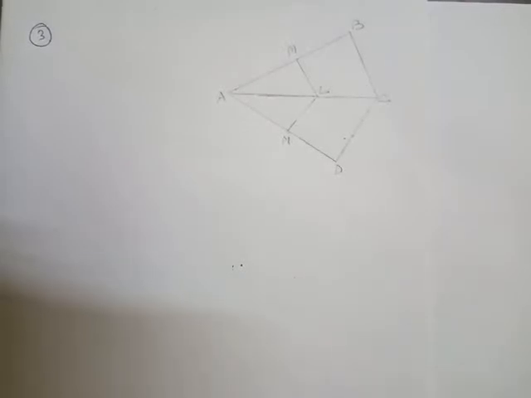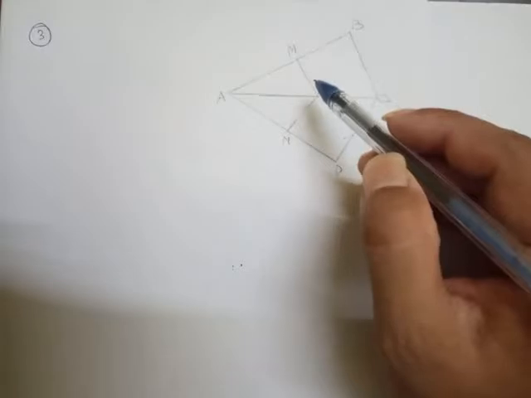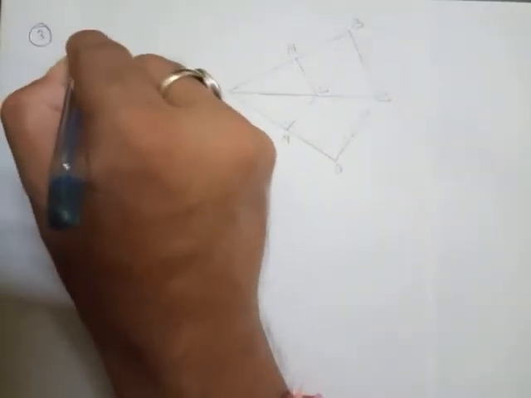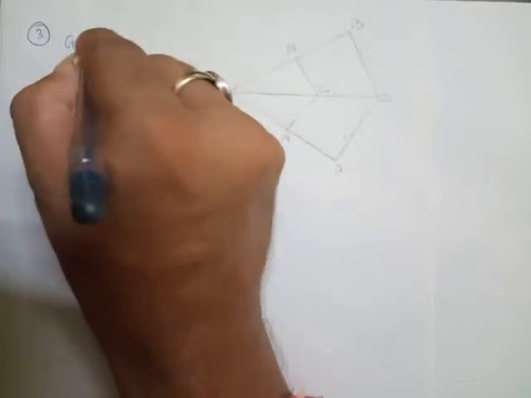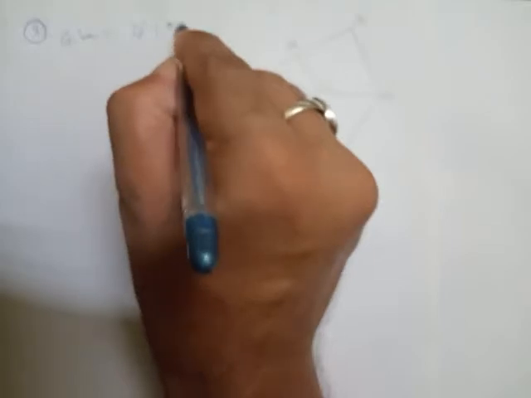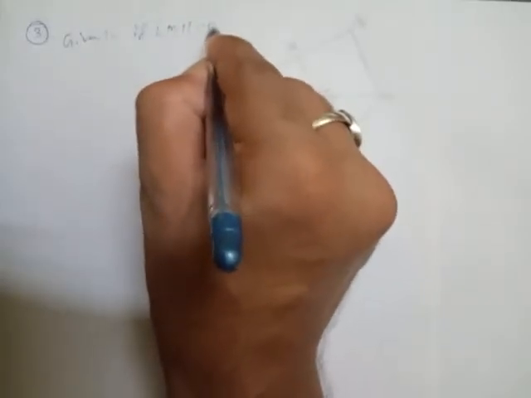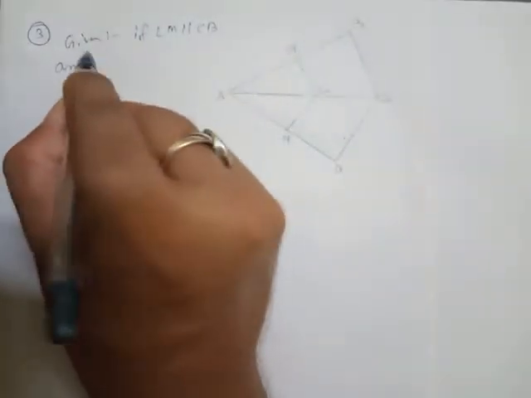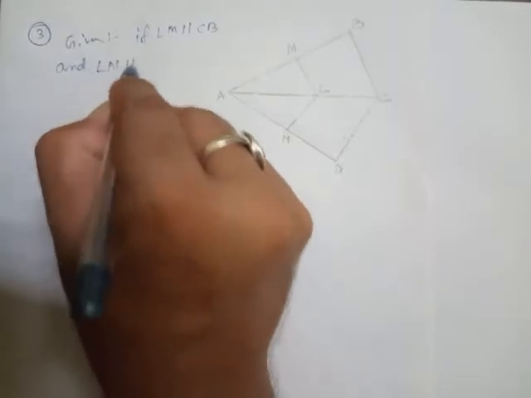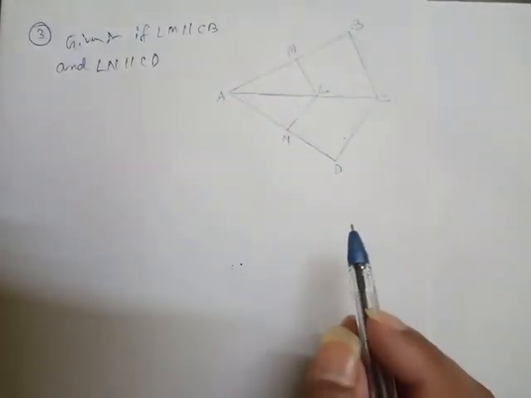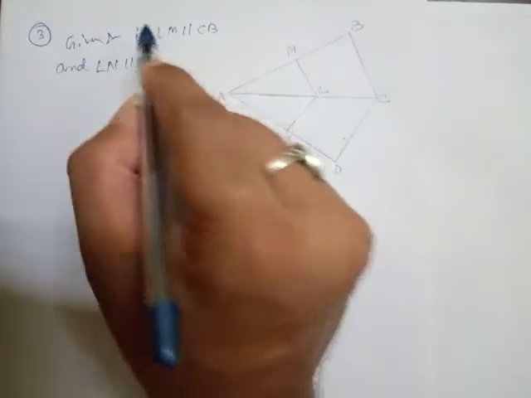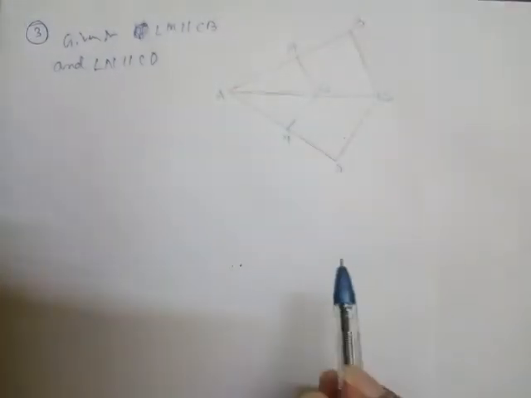The given part is here: LM parallel to CB, so we'll write here Given: if LM is parallel to CB and LN is parallel to CD. This is the given part.